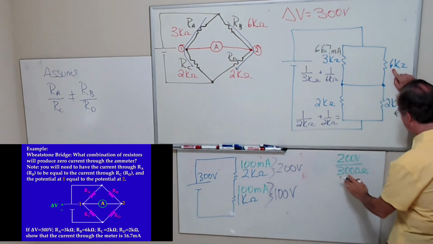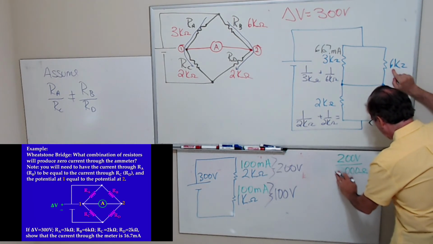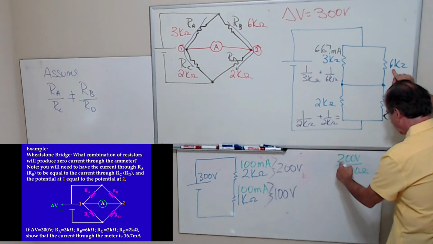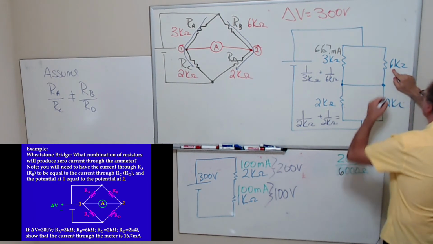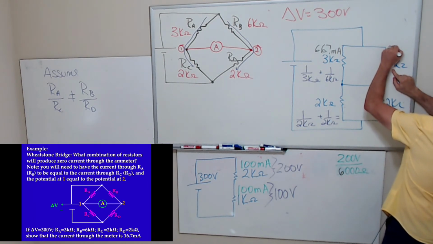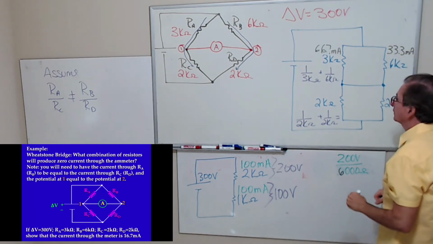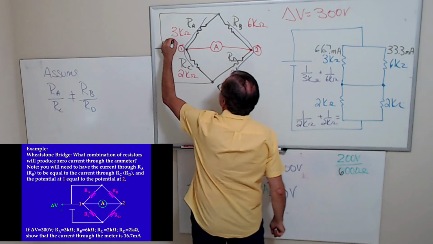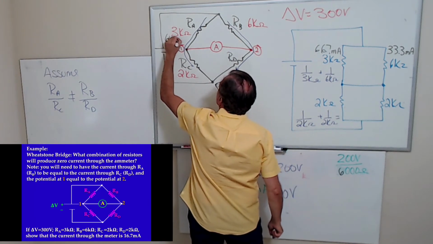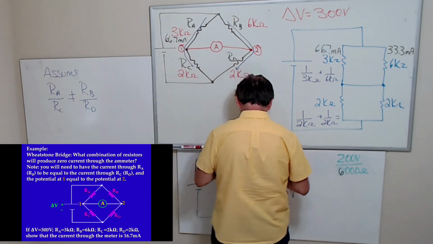Then for this one, I take 200 divided by 6,000. 2 over 6 is the same thing as 1/3. So let me draw it here. And I guess I'll make it purple.